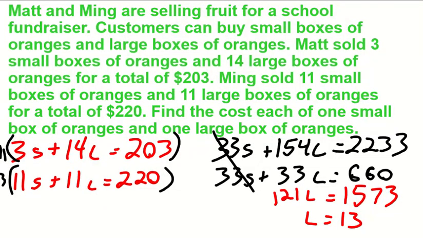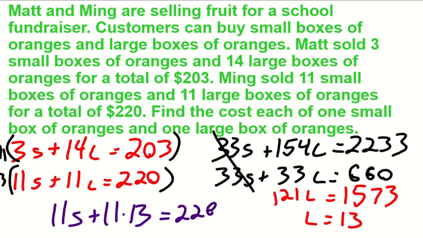Get the 2 equations, make it so you can cancel out or eliminate one of the coefficients. Once we have the large, we need to plug it back into one of them. It doesn't make a huge difference which one you plug it into. So in the second equation, we'd have 11s plus 11 times 13 equals 220. 11 times 13 is 143.